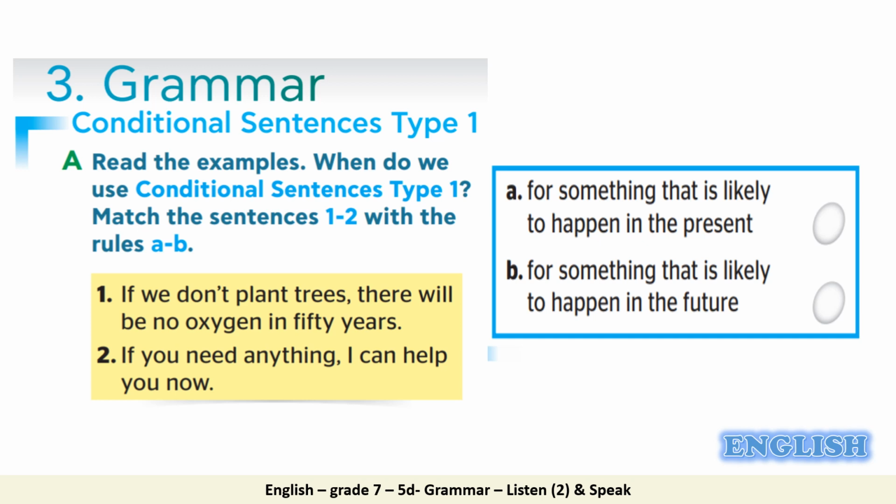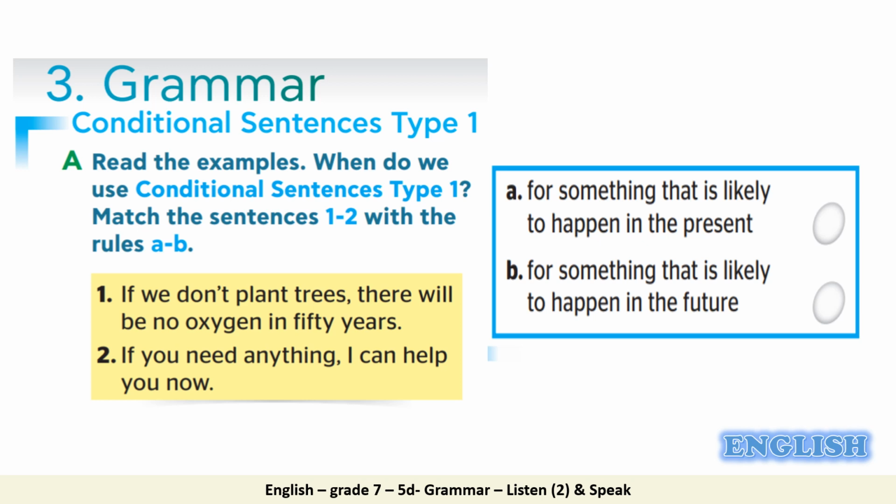If we don't plant trees, there will be no oxygen in 50 years. Is it certain that there will be no oxygen? No, it isn't. It is just a possibility. And does the sentence refer to the present? No, it doesn't. It refers to something that might happen in 50 years.